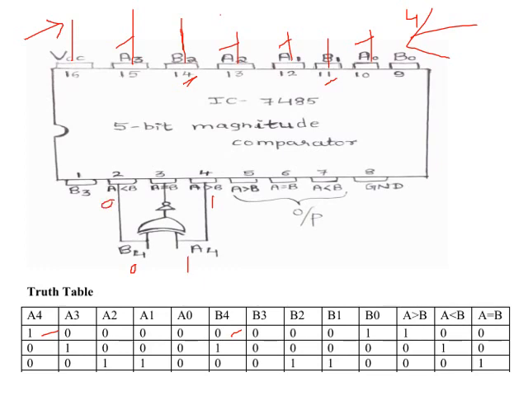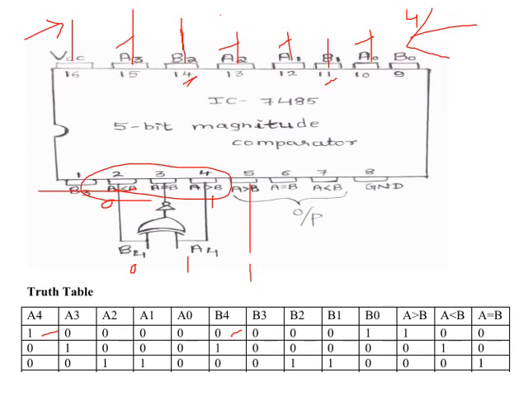That indicates A is greater than B. Directly we will get the output as A greater than B here, 1. This will be happening in the IC, because this is given the highest preference, this part, because it is MSB, right?